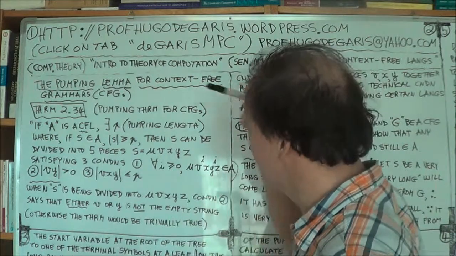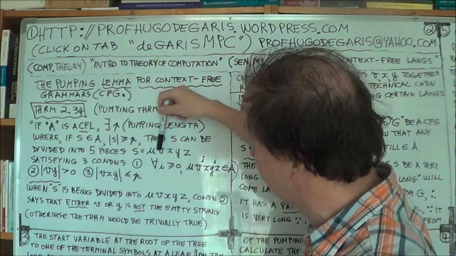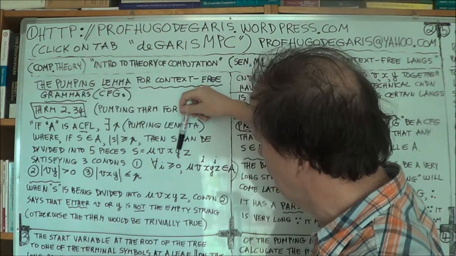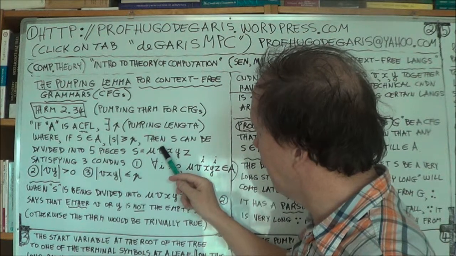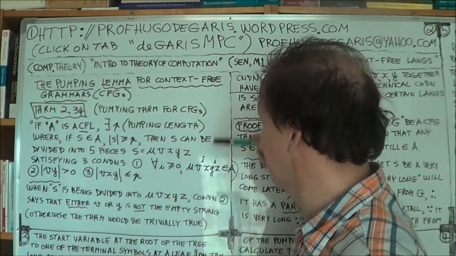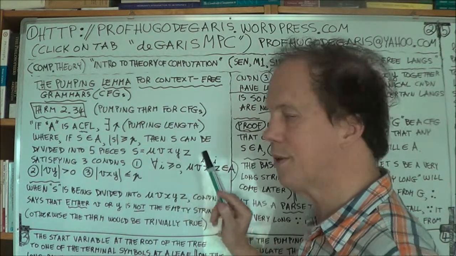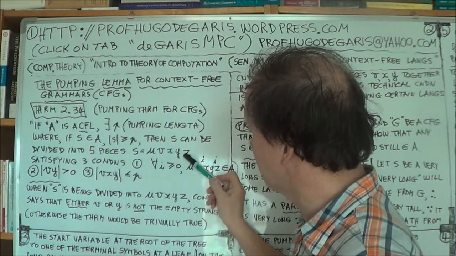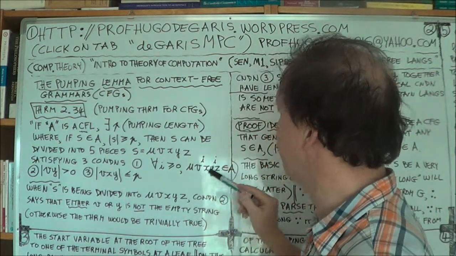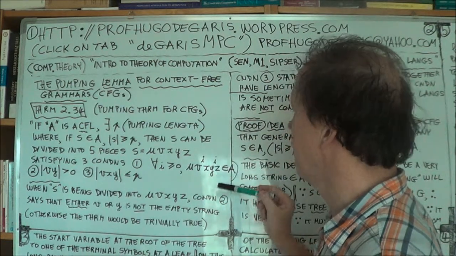What I mean by that is, if you pump this, let's say once, so you've got VV, well then you'd have to have YY, right? So if you have i copies of the V here between the U and the X, you must have the same number of copies of Y between the X and the Z. Okay, so it'll be of this form: U V^i X Y^i Z.